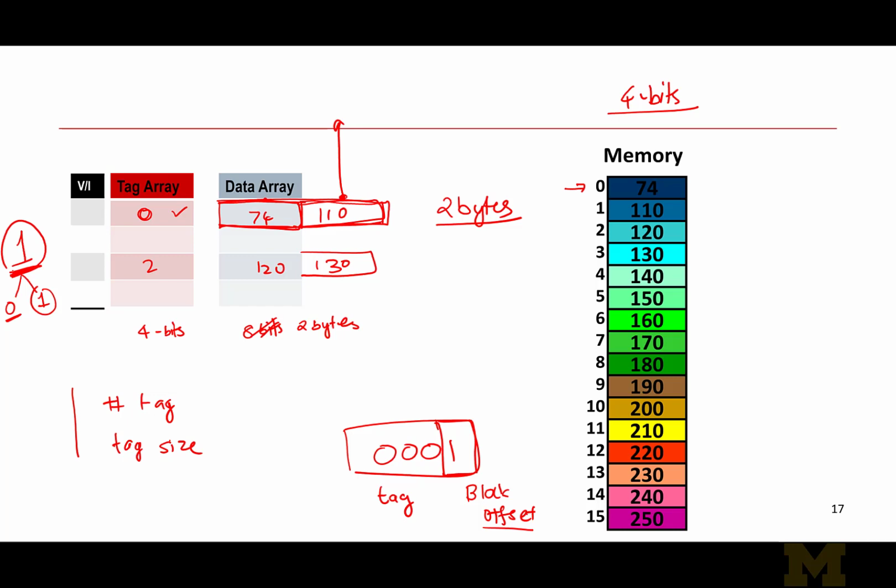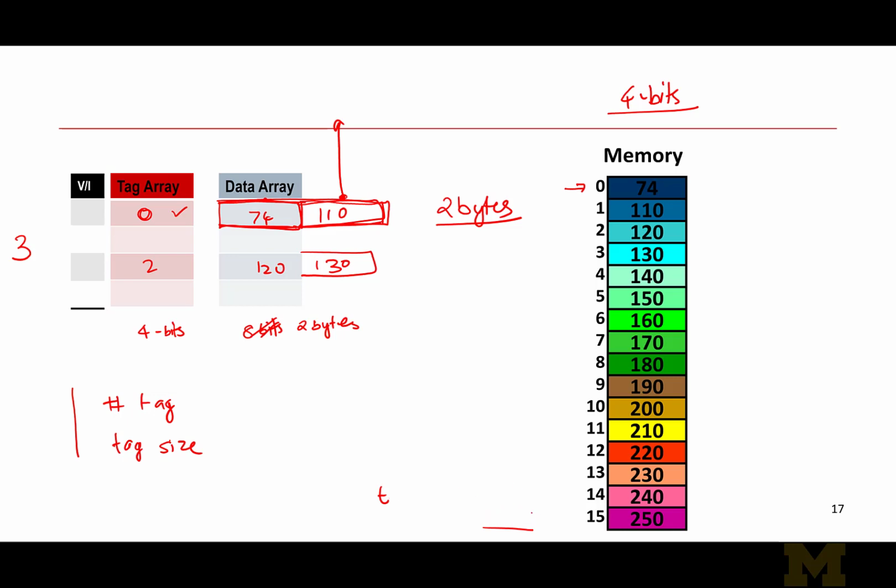Let's say we want to access the address 3 instead of 1. So let's do a similar exercise where I break down the address 3, 0, 0, 1, 1, that's 3 in binary format, and I want to break this address into tag and block offset.